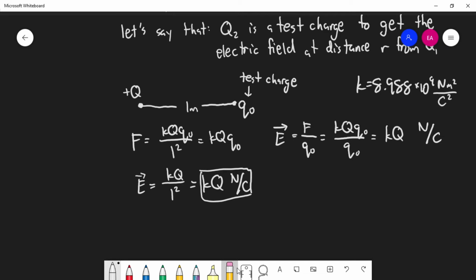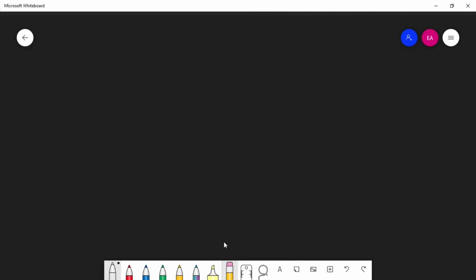Let's take an example. If you remember the given from the last video, we have 4 charges with equal magnitude that are positioned on a square with side length 0.75 meters. We'll be using the same given here. However, we now have a value for Q, which is equal to 5 nanocoulombs.